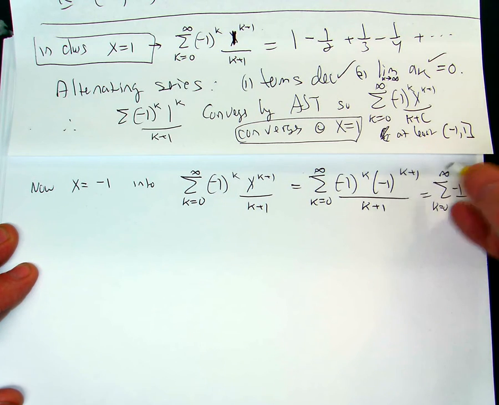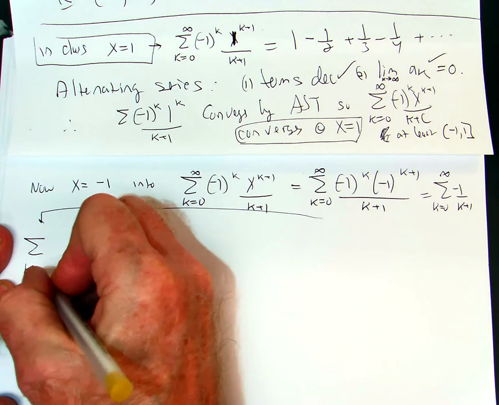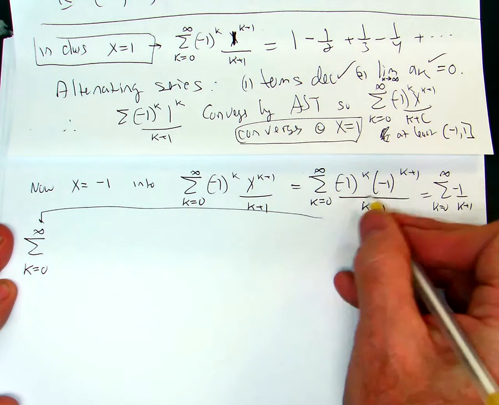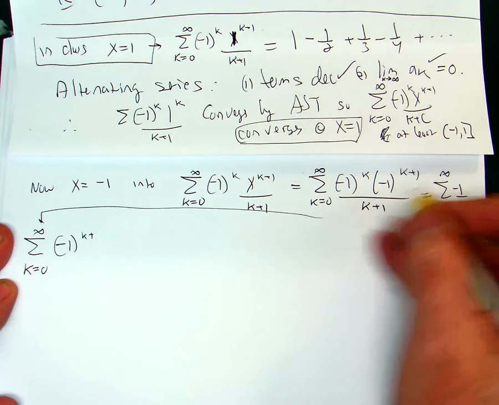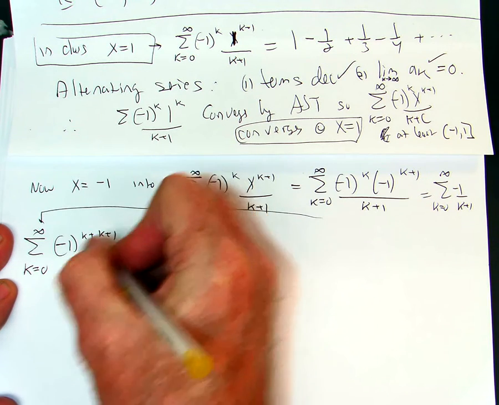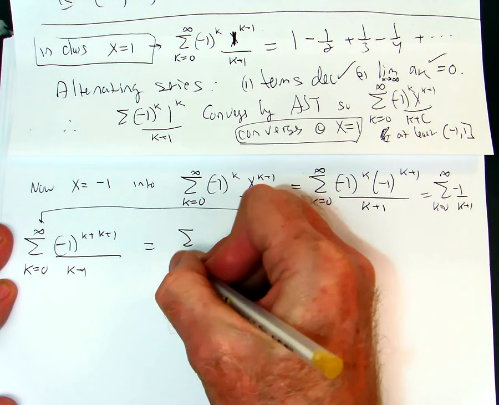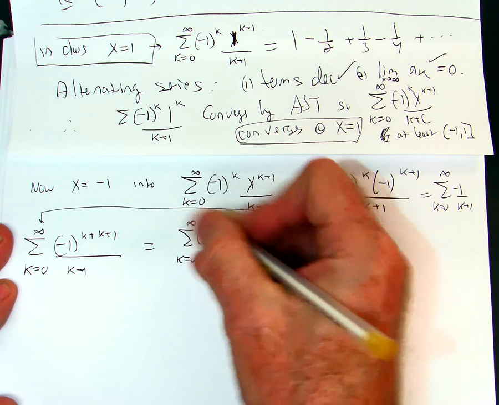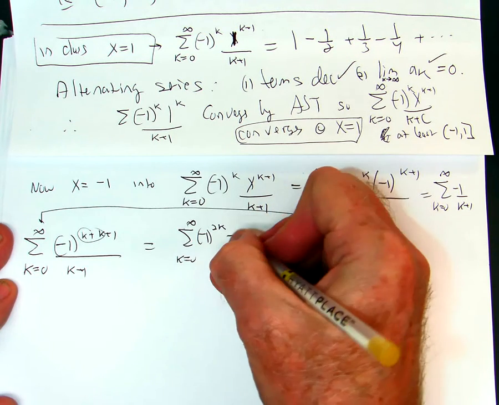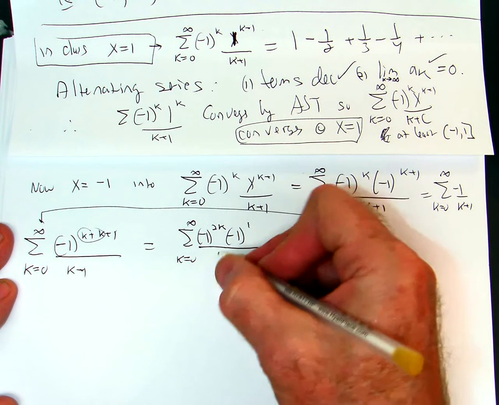And I'll show why that is. This is going to be -1 to the k plus 1, using that exponent rule, over k plus 1. This is going to be the sum from k equal to 0 of -1 to the 2k, get those together, times -1 to the 1, over k plus 1.